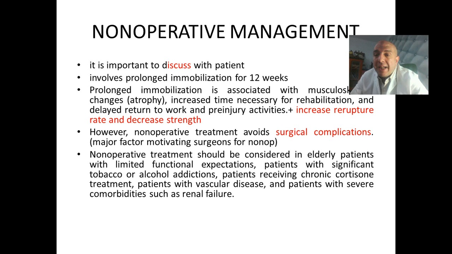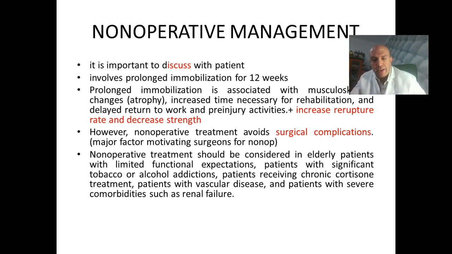Also, your management is guided by the age of the patient and level of activity. If he has no comorbidities and no relative contraindication for wound infection like smoking, you can go for surgery. If he is a sedentary old man with a lot of comorbidities, a diabetic and heavy smoker, you can go for conservative treatment.